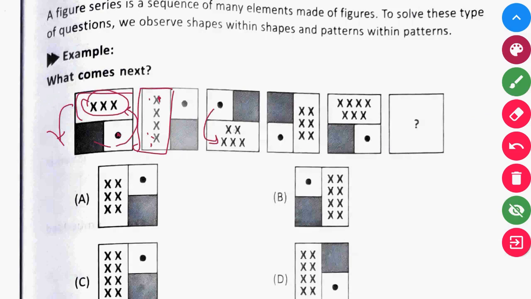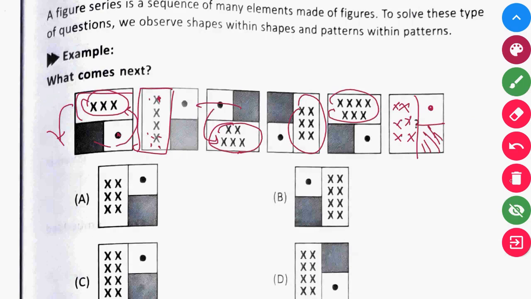Again the figure moves anti-clockwise, and the number of cross signs increases by 1. Again it moves anti-clockwise, the cross signs become 6, and the figure moves. It becomes 7. Now it becomes horizontal. The number of cross signs will be 8. The dot will go up and the shaded portion will come down.